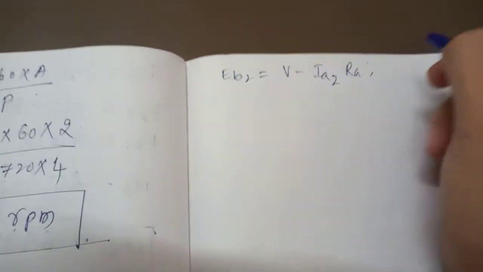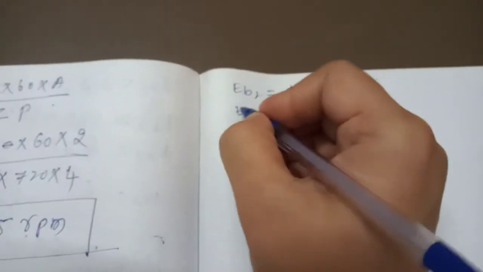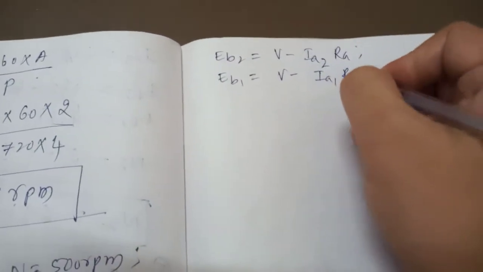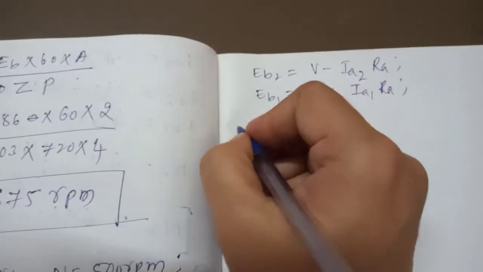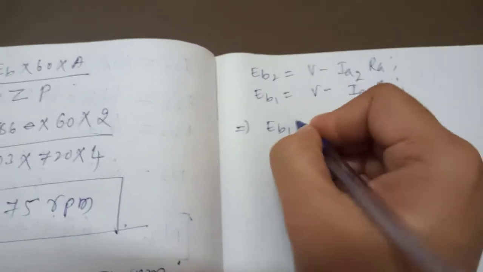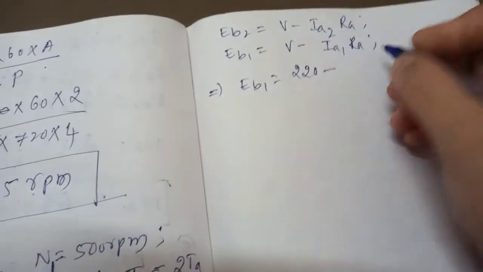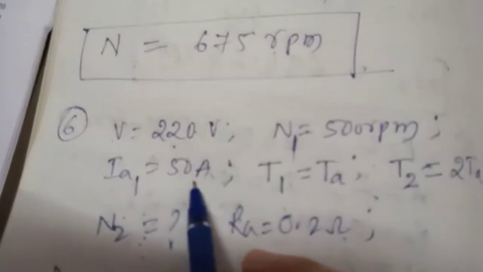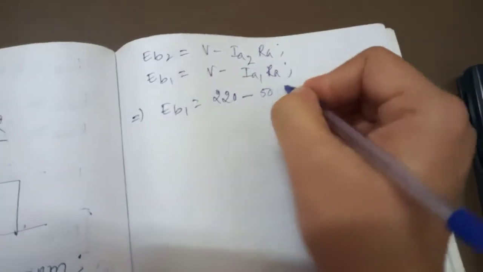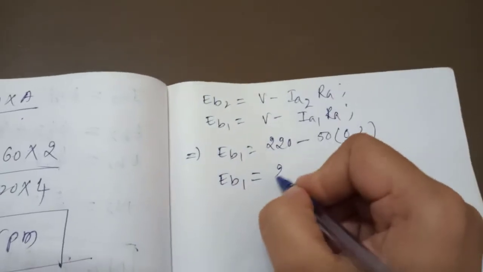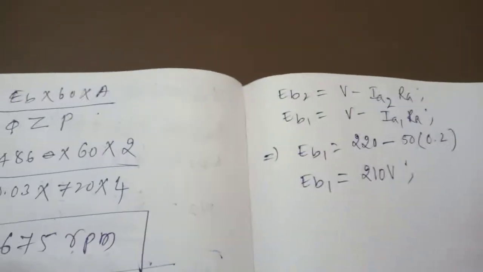EB1 is equal to V minus IA1 into RA. V is 220 volts minus IA1, which is 50 amps, into RA, 0.2. So EB1 is 210 volts.